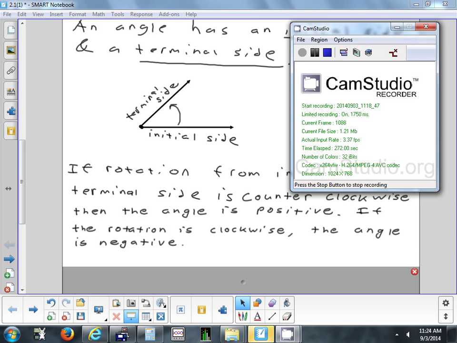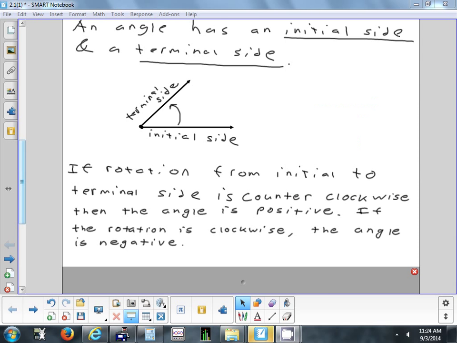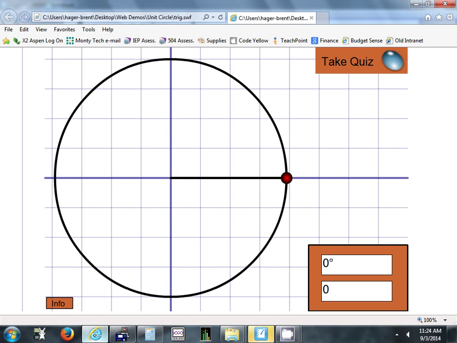So I got a little demo that kind of shows you the different ways you can measure an angle. What we've got here is a circle. I can't change the initial side, but I can put the terminal side anywhere that I want. The box in the lower right measures the angle in degrees on the top. The bottom number is a different way to measure an angle, which we don't know about.